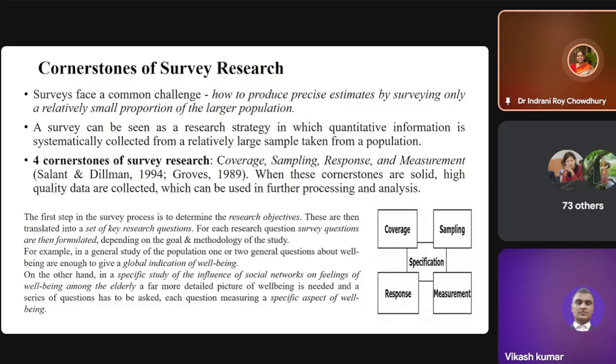It may happen that even after random selection, the distribution of your sample members is to some extent skewed in terms of, say, gender.